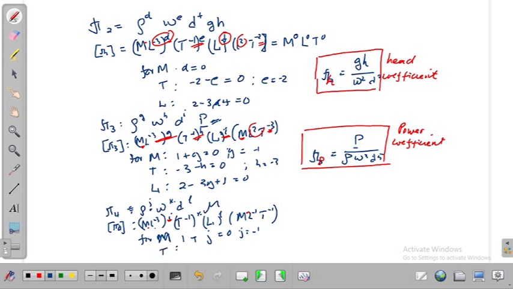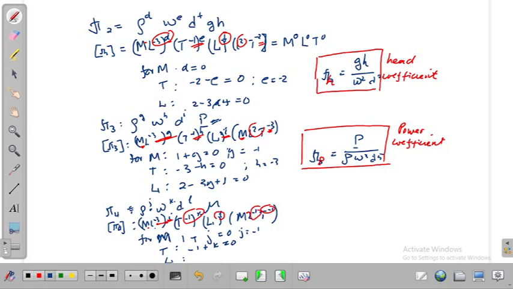For t, we can see t there, and we can also see minus 1 there for t. So for t, we can say minus 1 plus k is equals to 0. So k is equals to 1. For l, we have l is minus 3i there, then we have that l there, and we have another l there.